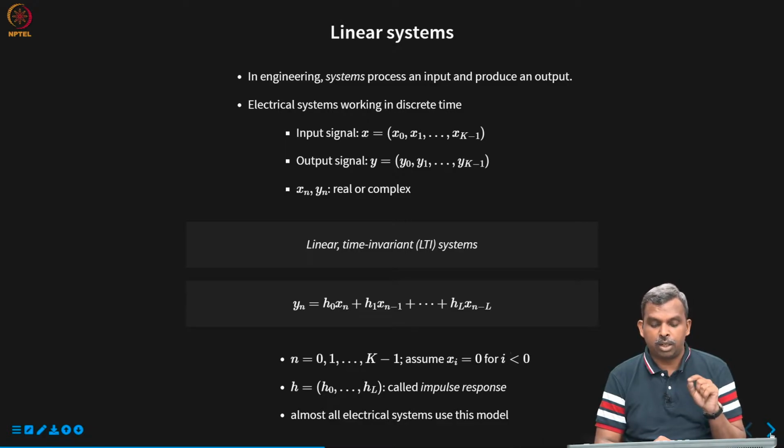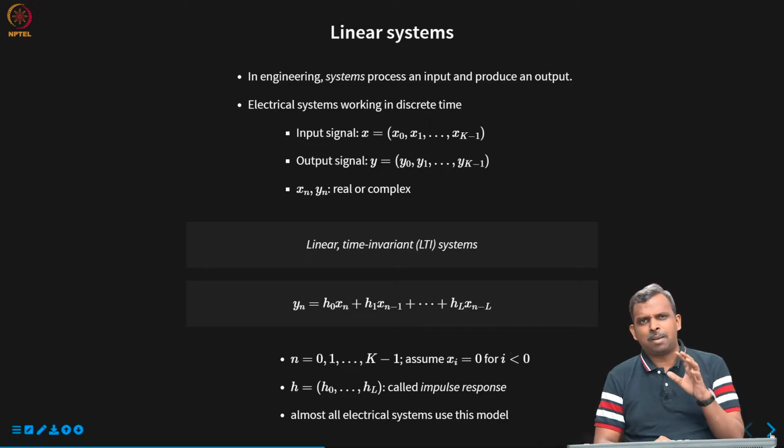What is this h0, h1, etc.? This is called the impulse response of the system. You can think of it as some scalars that describe the system. So h0, h1 to hl are used to specify the LTI system. Once you give me that, the output at time n is simply h0 times xn plus h1 times xn minus 1, and so on till hl times xn minus l.